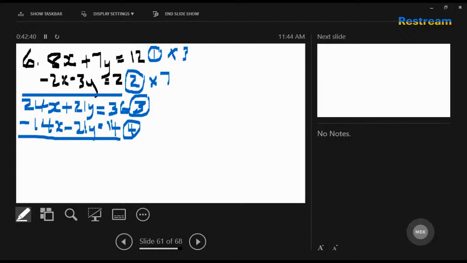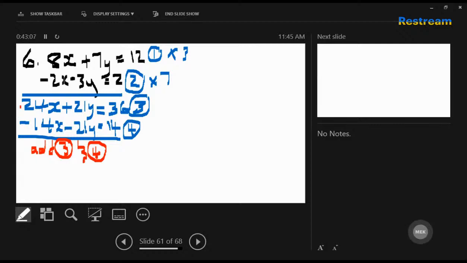So now we have positive 21y and negative 21y, so we know that we're going to need to add the equations. So we're adding equation 3 and equation 4.